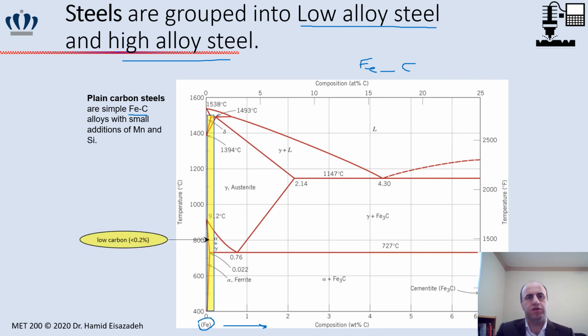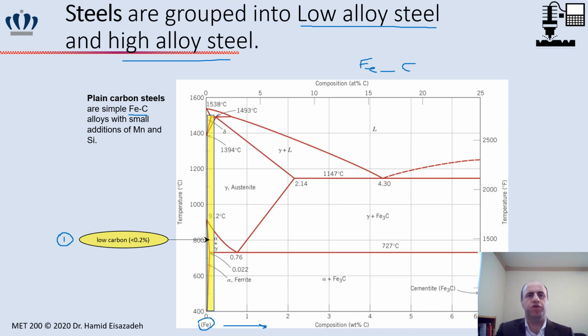The first steel that we want to mention is low carbon steel. The amount of carbon in that steel is up to 0.2 weight%. We have four types of steel here. The first one is low carbon steel.